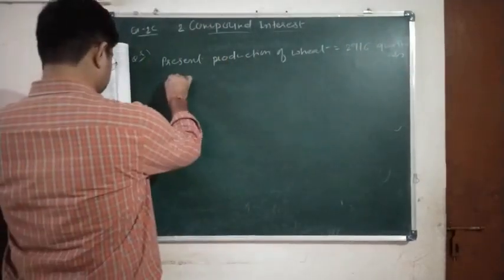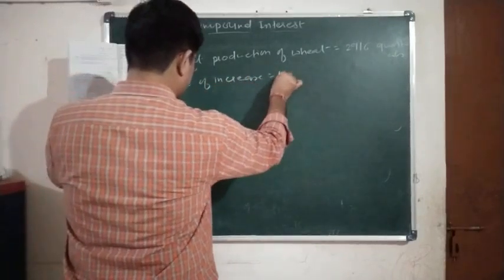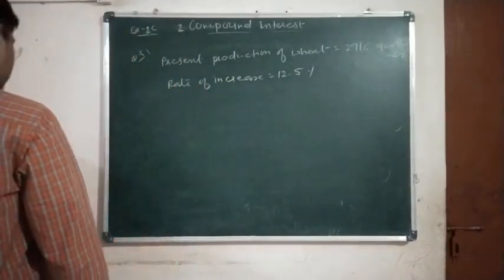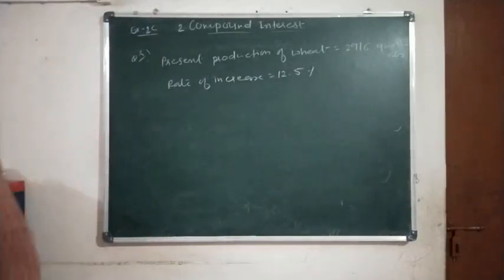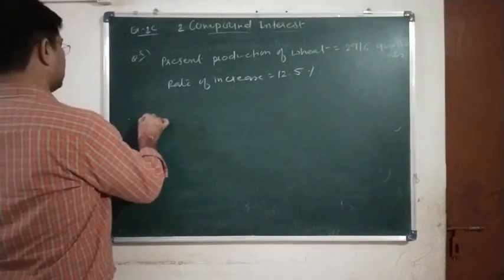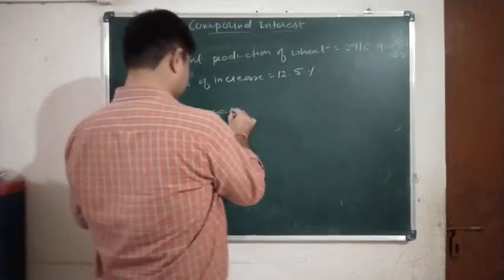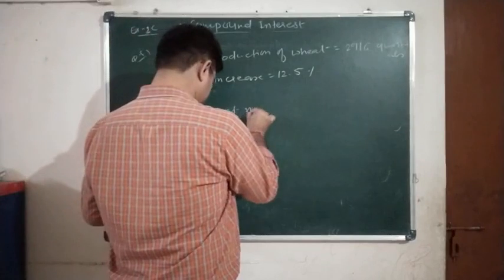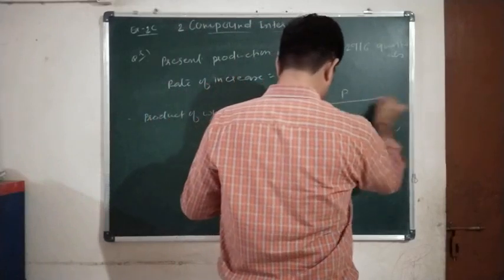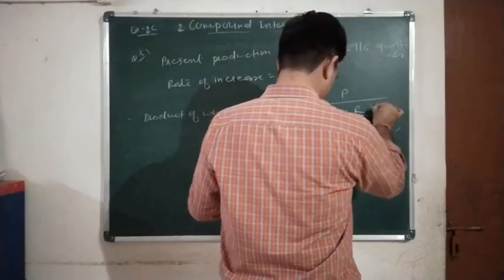Rate of increase is given to be 12.5%. Yes or no? We have to find the production of wheat 2 years ago. Okay, so we have a formula. Therefore, production of wheat n years ago is equal to present production denoted by P upon (1 plus R upon 100) raised to n.